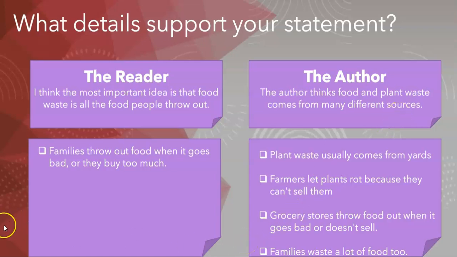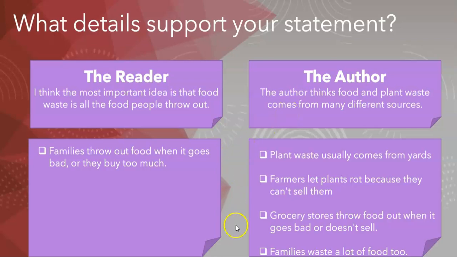So now the next step would be to count the details that support each idea. So I come over here to the reader column. Hold on a second, I gotta count. Ooh, it looks like one. Boom, one. So I have one detail that supports my idea that this is the most important idea. However, I have four details that support what I think the author is trying to tell me.